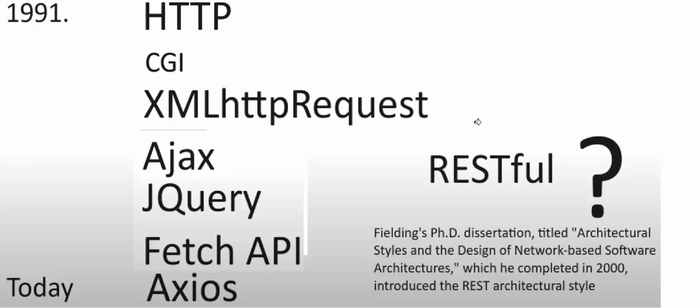jQuery solved the cross-browser problems, but it also has the XMLHttpRequest object at its heart. We can call the XMLHttpRequest object the engine of Ajax, jQuery, fetch API, and Axios. It became simpler and simpler for developers, with less and less coding around it.